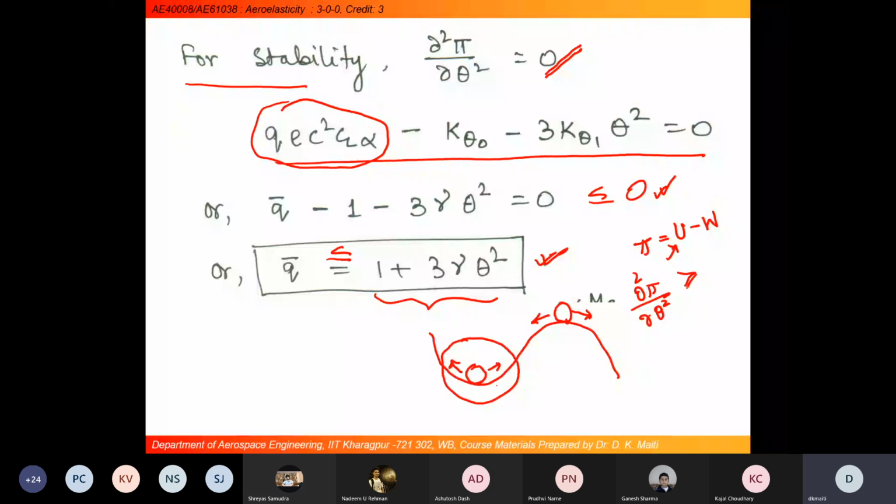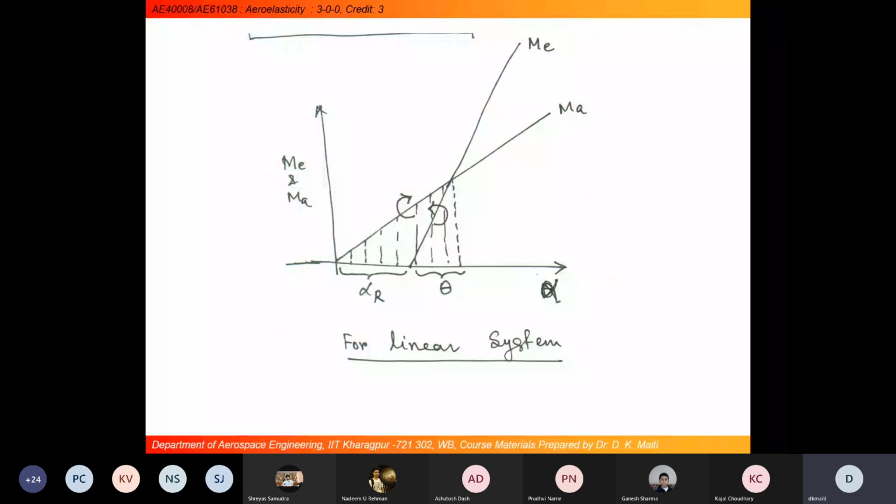So let me come to now the concept here. Graphically, suppose we take this is our aerodynamic moment, whatever developed. In our linear system, what we have considered is that Ma, the aerodynamic moment, is equal to q e c square C L alpha into alpha r plus theta. So the Ma is linearly varying, a curve like this.